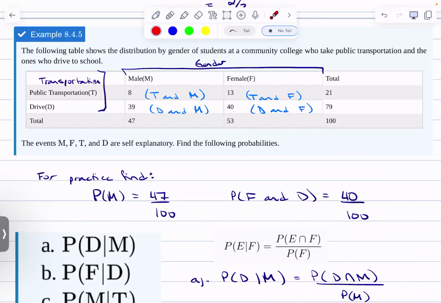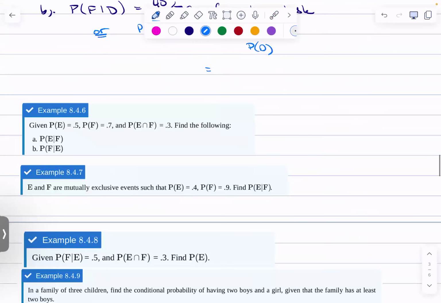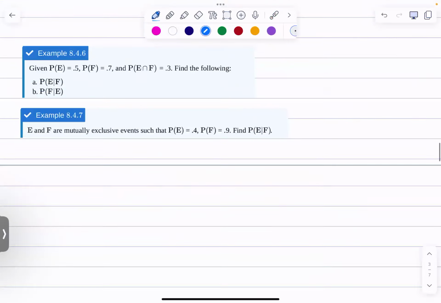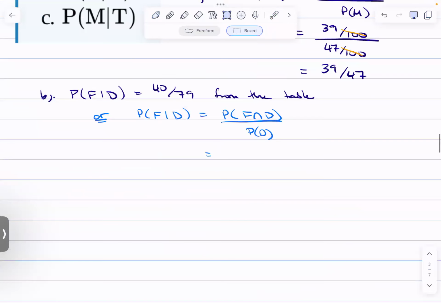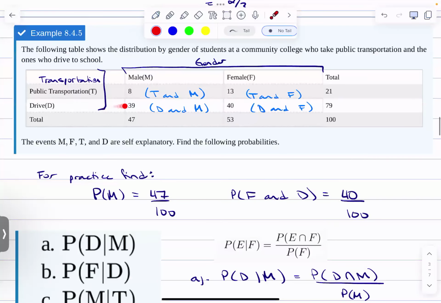Don't let that trip you up. Trips me up sometimes. Let me bump these down. So it's 40 out of 100. And then the probability that they drive, that's all these guys, so 79 out of 100.